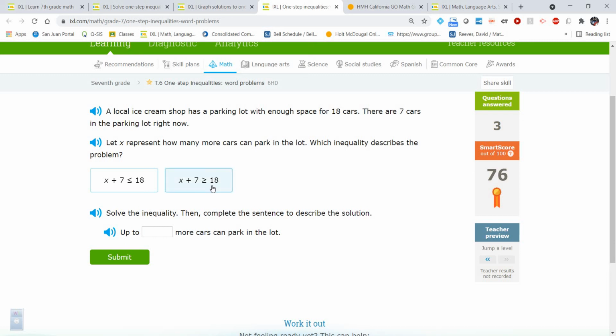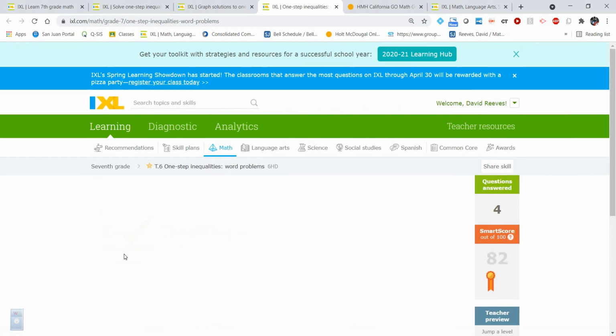All right, if it was greater than 18 right here, like it says, it'd have space for more. So this is what we want, however many we have now, or excuse me, 7 now, plus however many more we add must be less than or equal to 18. If you take those 7 away from the 18, we can add up to 11, right? Because 11 plus 7 is 18. 18 minus 7 is 11.